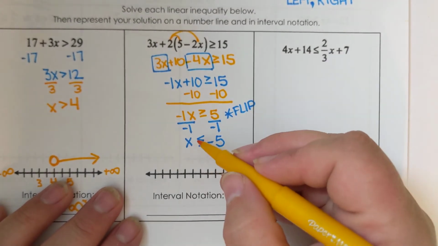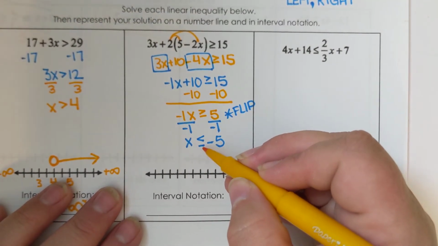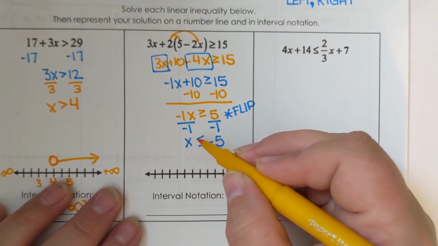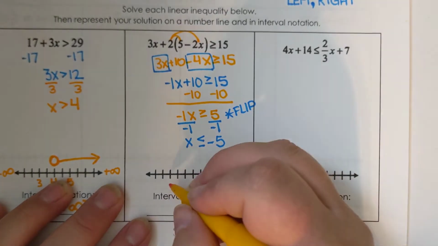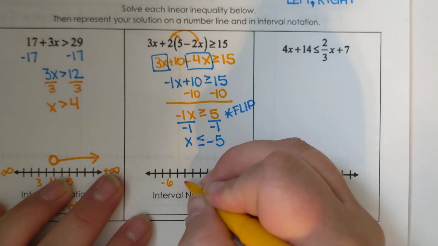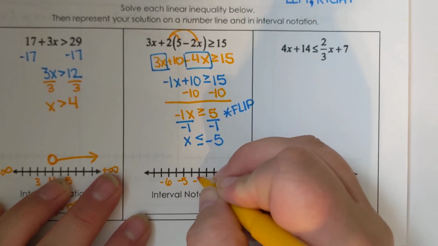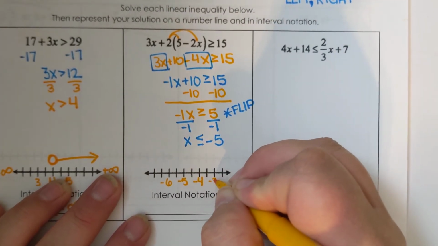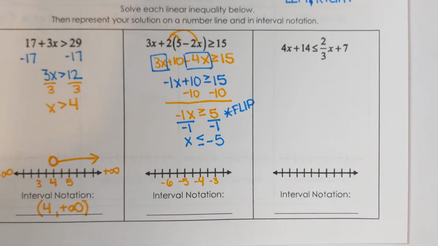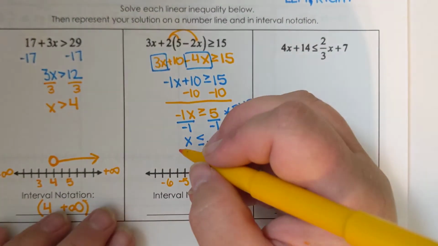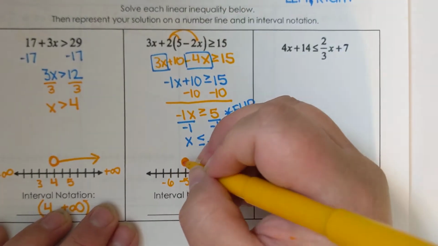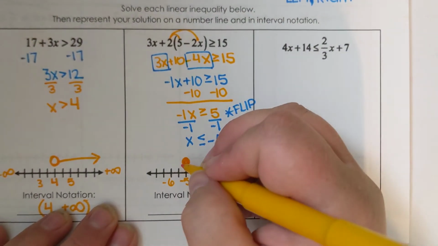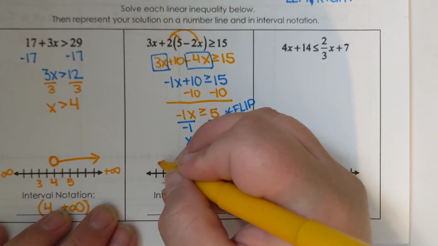Now, this is on the left side now, which is less than. So this says x is less than or equal to -5. So I'm going to go -6, -5, -4, -3. Okay. I'm going to put a closed circle, sorry, because it does have the equals to, at -5. And since it's less than, I'm going to go to the left.